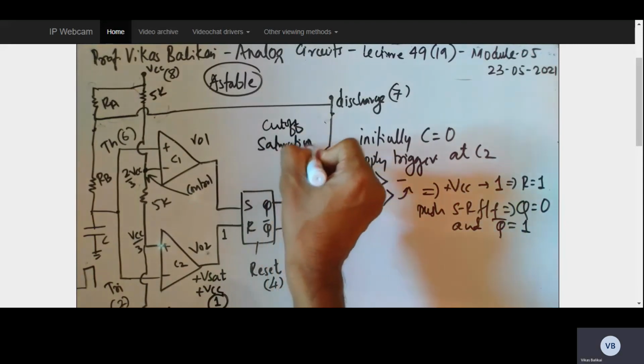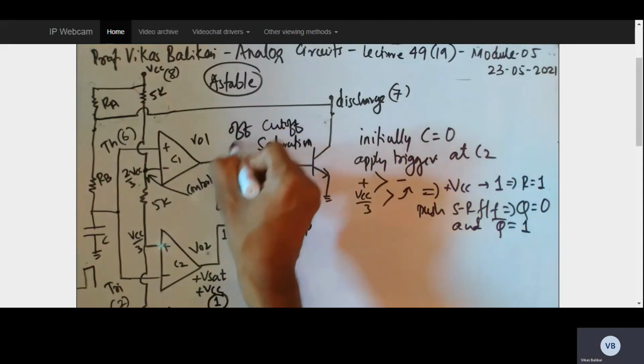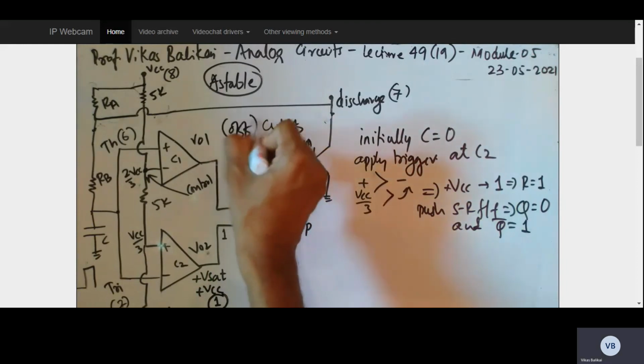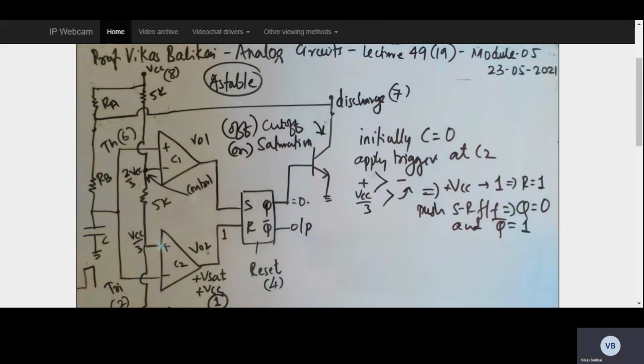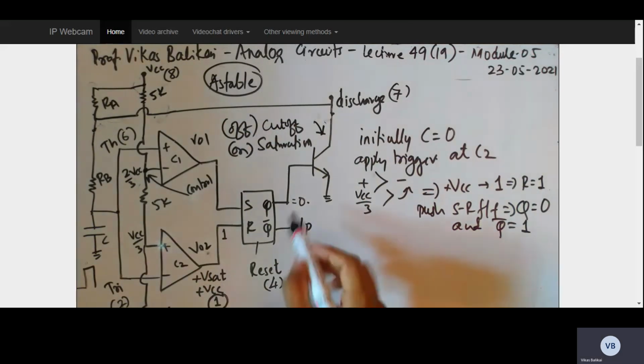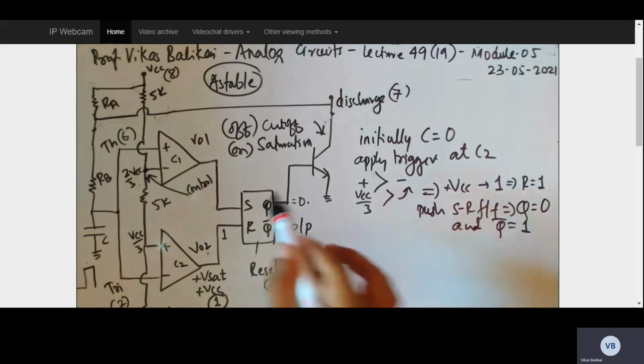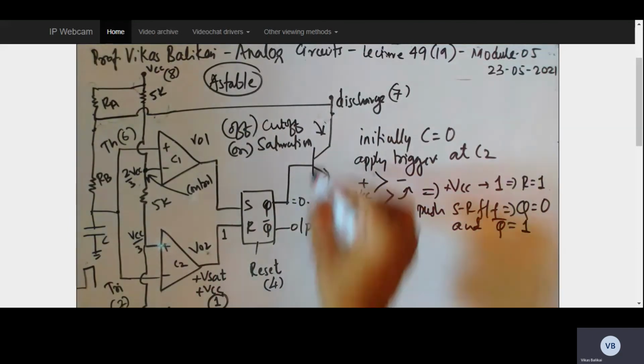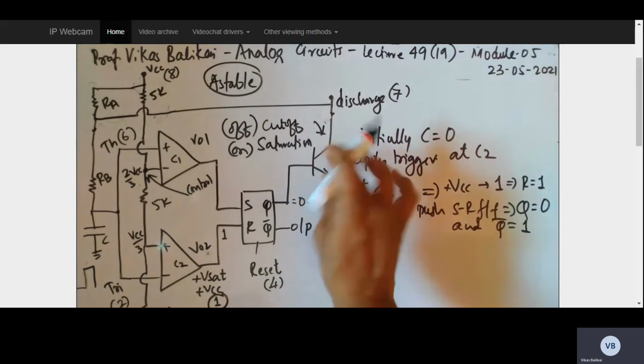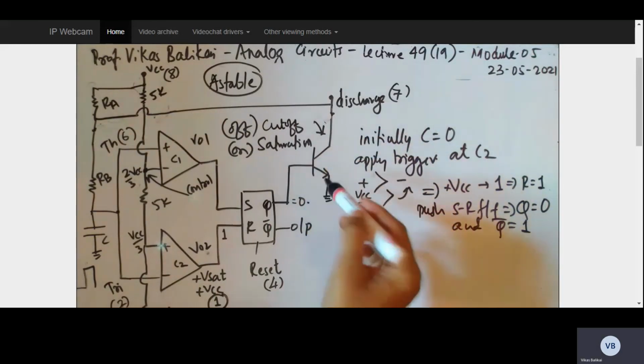In the sense, it is either completely off or completely on. There is no application of this transistor in the active mode; it does not serve any purpose there. Because the base terminal of this transistor is held at 0, it enters cutoff. So this will become an open switch.